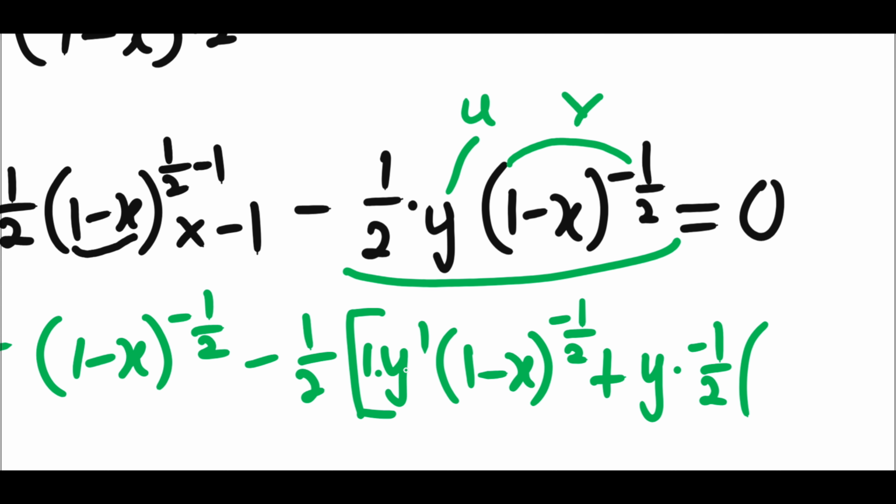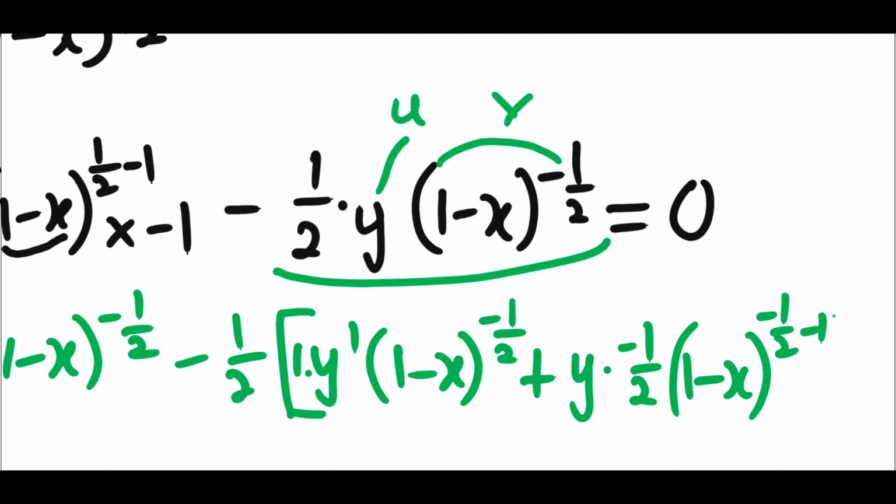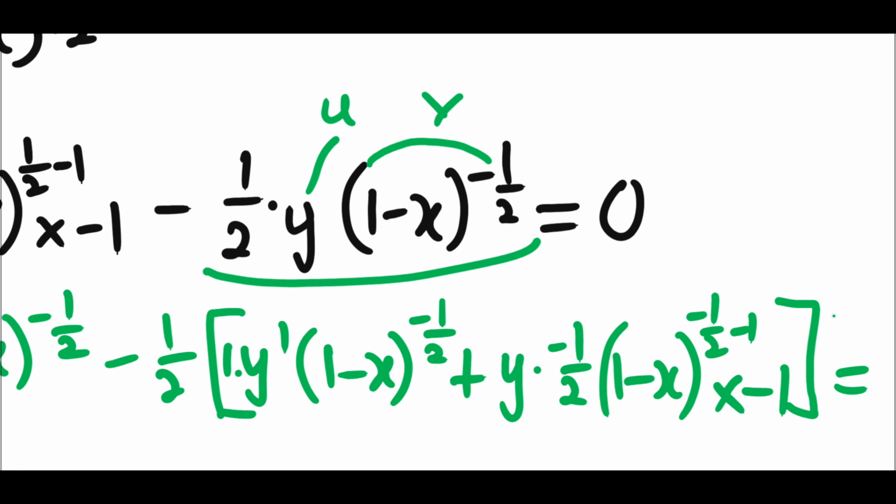Then you maintain what you have in the bracket, 1 minus x, then you reduce the power by 1, negative half minus 1. Then you differentiate what you have in the bracket, and you get negative 1, so times negative 1. And you close the bracket nicely, all equal to 0.